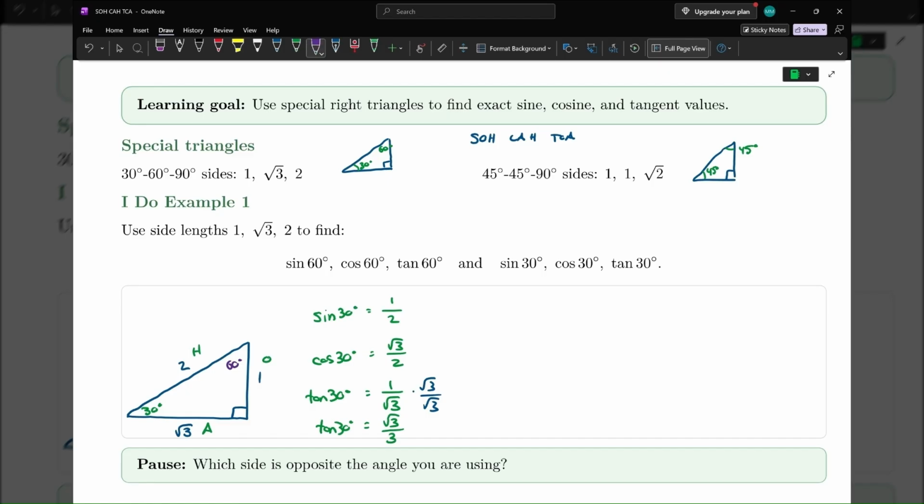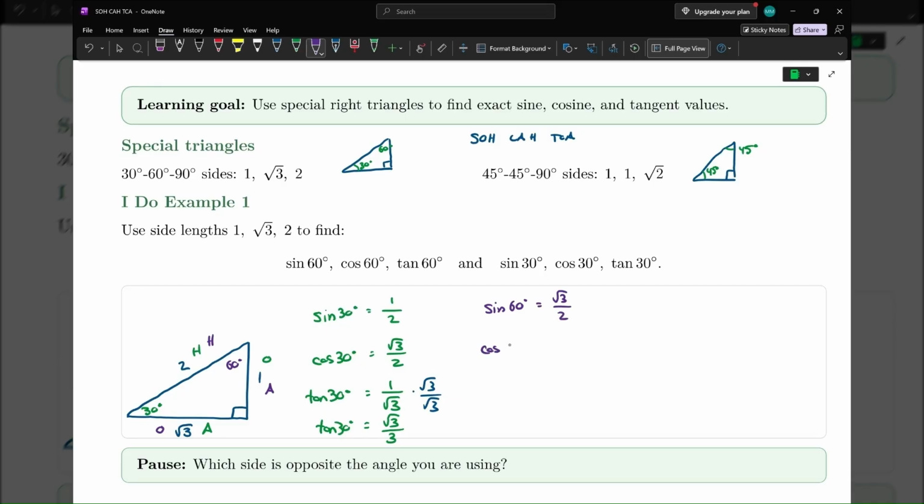So the 60s, we're going to say, well, okay, so sine 60. From 60 degrees, in purple here, this root 3 becomes the opposite. The 1 becomes the adjacent, and the 2 remains the hypotenuse. Right? So sine 60 is going to be opposite, which is root 3, over hypotenuse, which is 2.